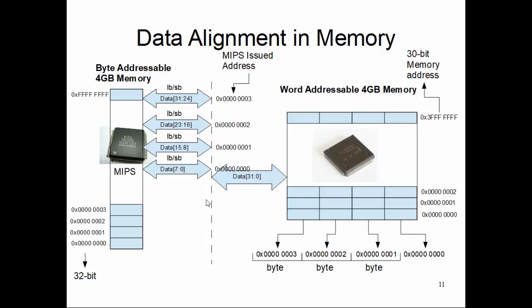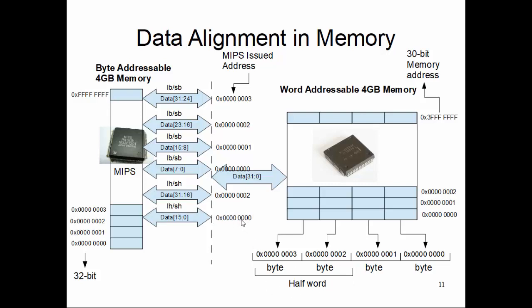And if it is a load half word on an even address boundary, we are not yet talking about why it has to be even or divisible by 4, let's assume it is an even address. If the address is 2, then we pick up the higher half word of the whole 4 bytes. And if it is 0, load half word gives the lower half word of the entire word.